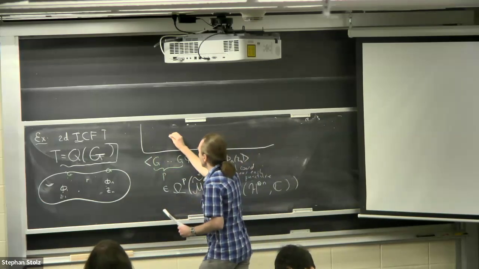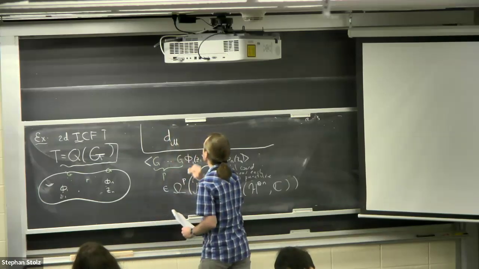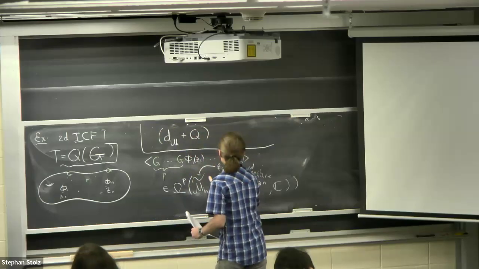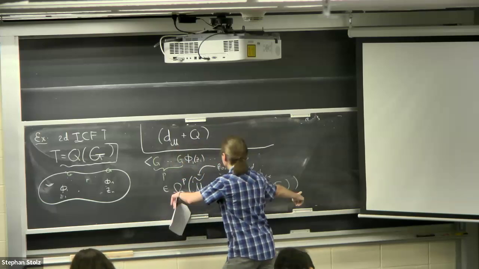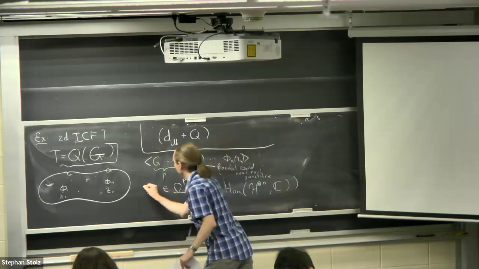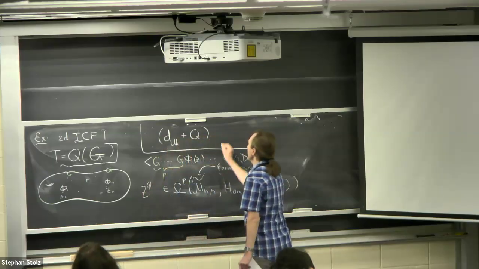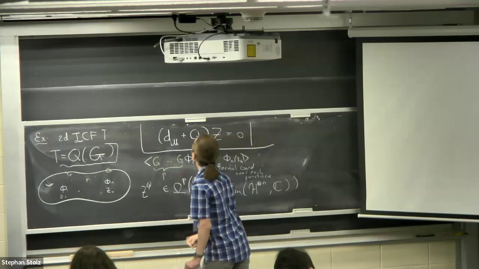What you have is that the differential along the moduli space plus Q annihilates all these objects. Let me call this collection of correlators, understood as P-forms, Z, and this is the P-form component of Z. Then I have my main equation.